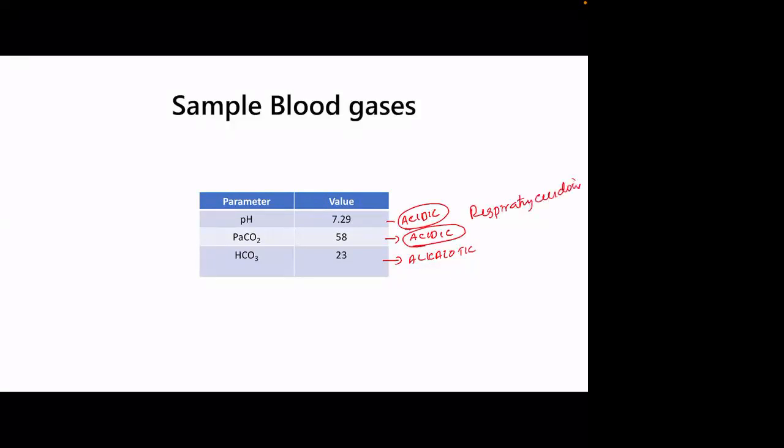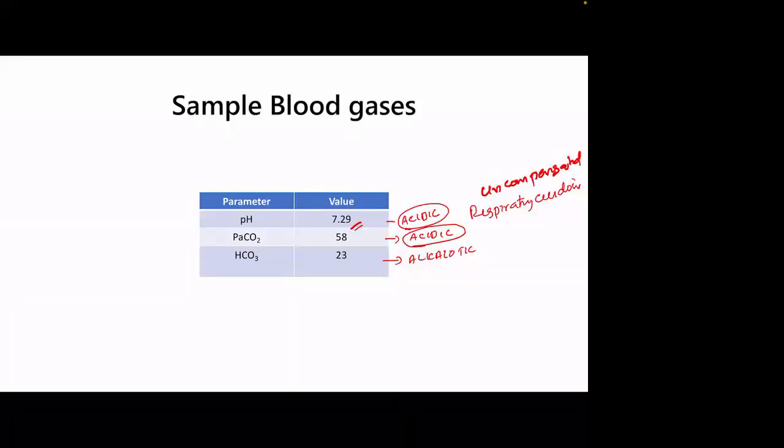And there is a drive from the kidney side to increase the bicarbonate, but still the pH is not normal. So it is an uncompensated respiratory acidosis. And there is a slight compensation occurring.